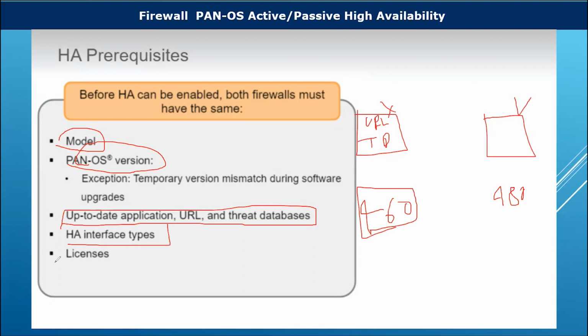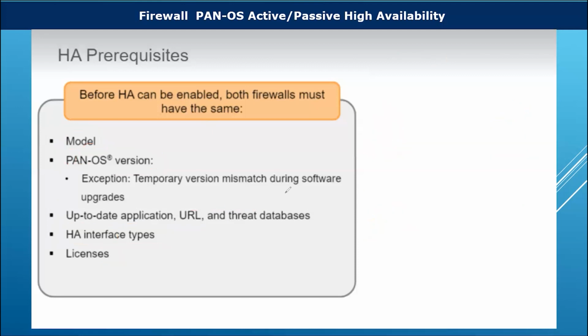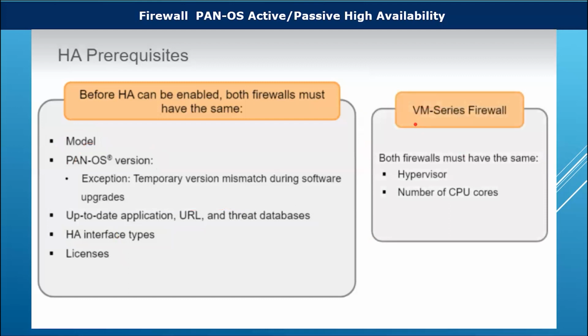And the HA interface type and license. Everything should be the same on both models, right? This is in the case of a hardware model. Now, in the case of a VM-Series firewall, both firewalls must have the same hypervisor.